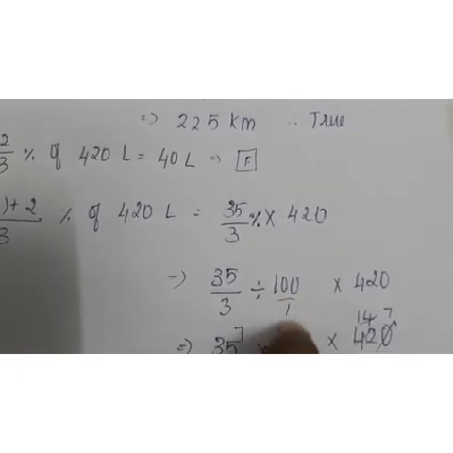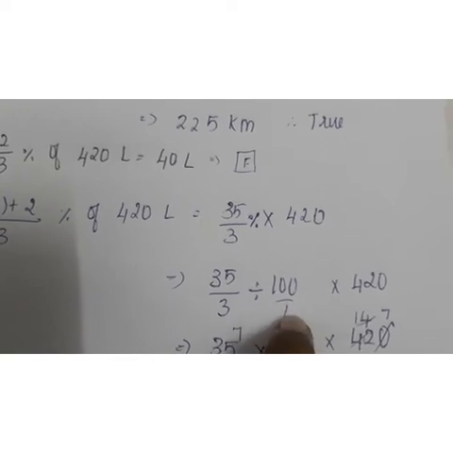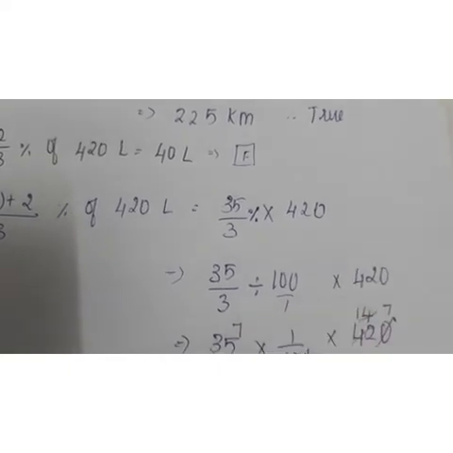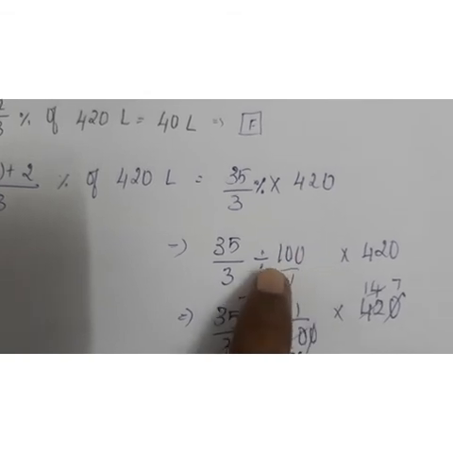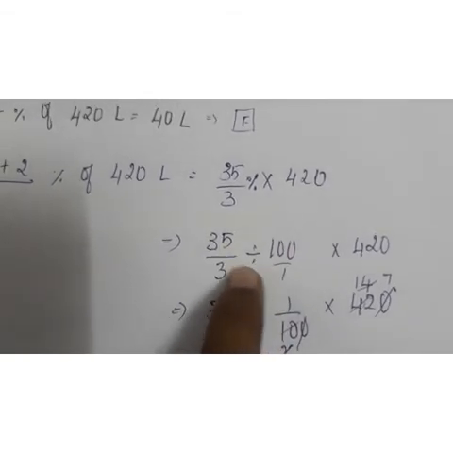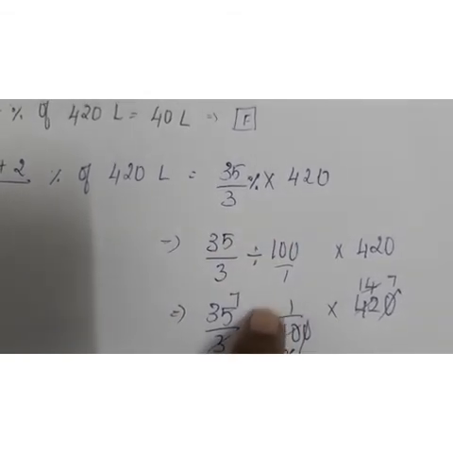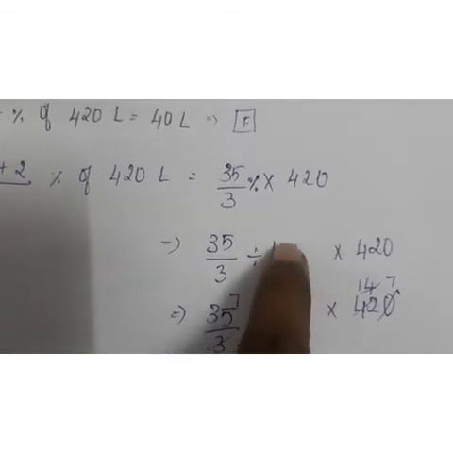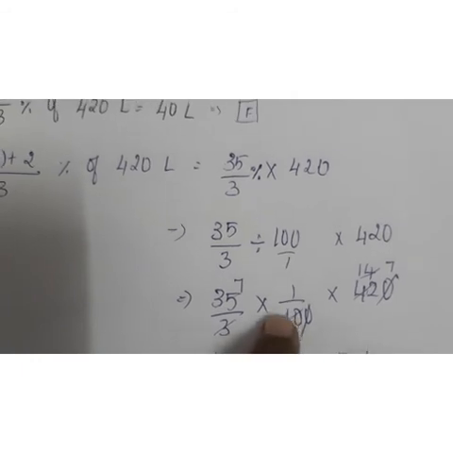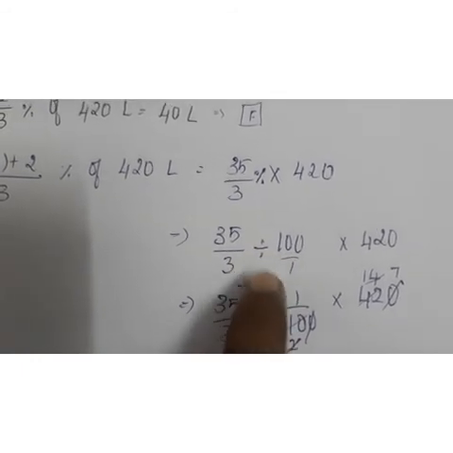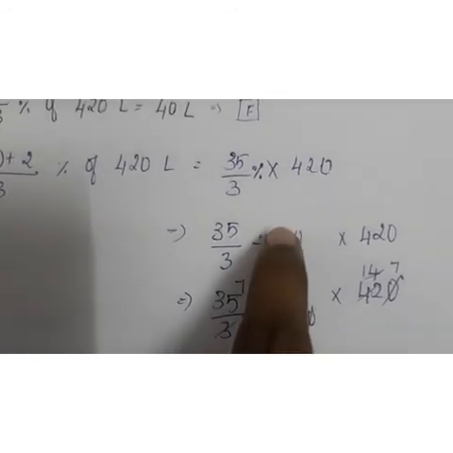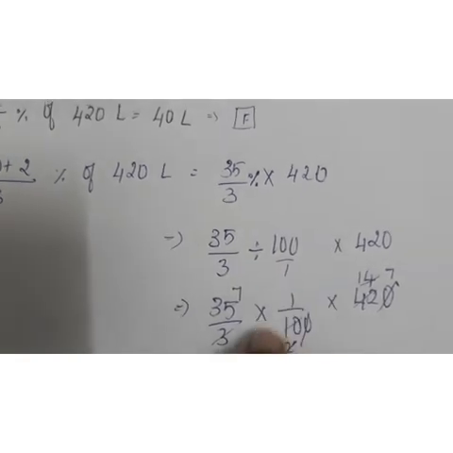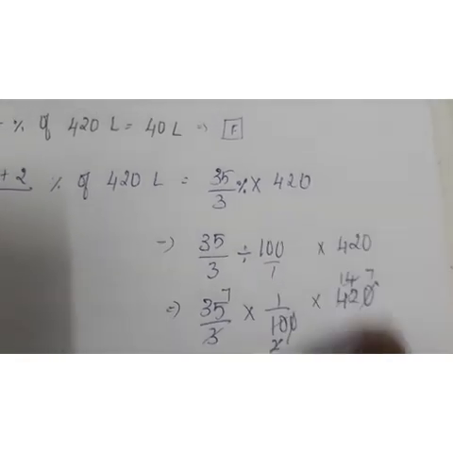Here below it is actually 1 in the denominator, so multiply by 420, right? As we already know, when you replace this division with multiplication, you have to take the reciprocal of this fraction, so multiply by 1 by 100 multiplied by this 420.